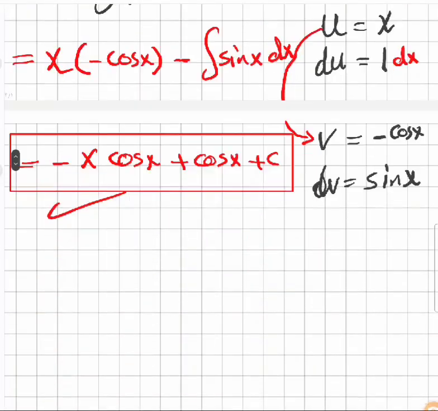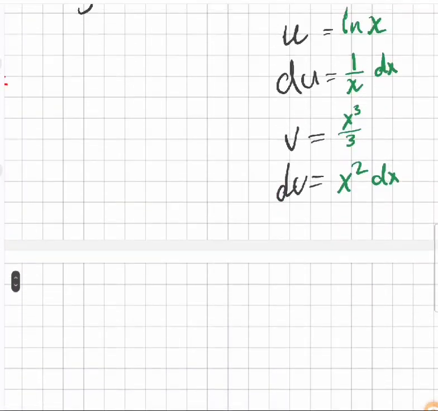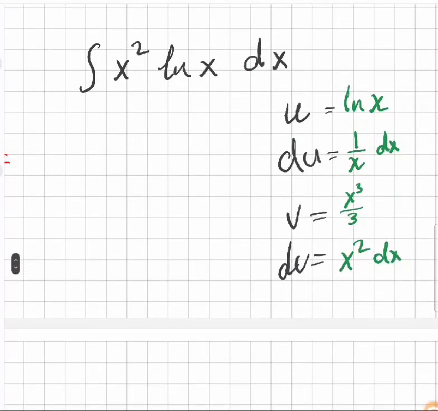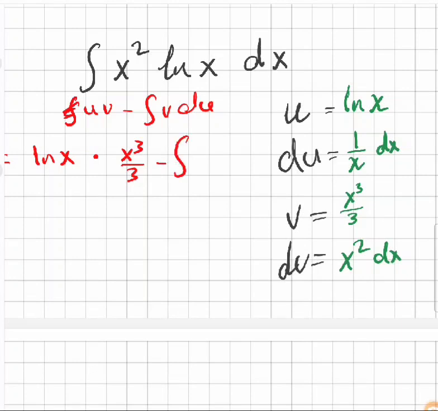So let's use the formula now. u times v, that's going to be ln x times x cubed over 3 minus the integral of v times du, and du is 1 over x dx.